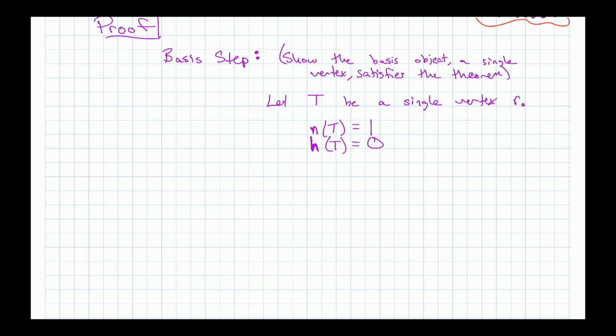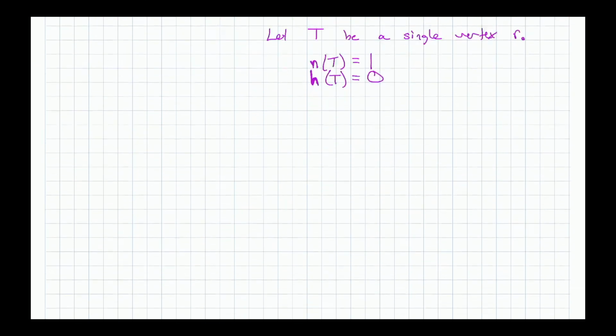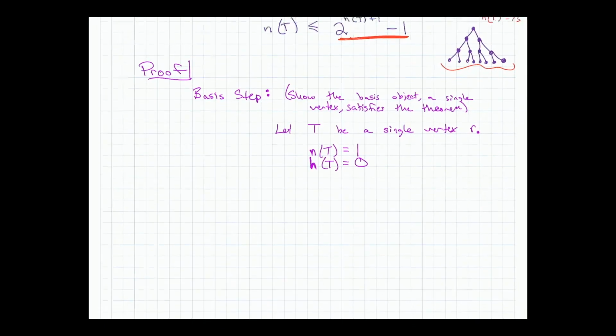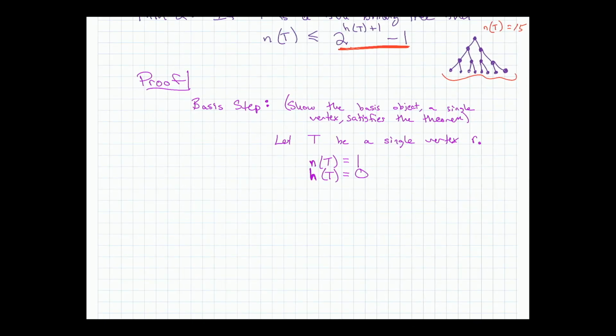So then what we want to do is, first of all, not be confused by our n's and h's looking the same, and just verify this formula here. So let's just check if this is true. So we have n of T less than or equal to, question mark, 2 to the h of T plus 1 minus 1. Well, let's just put in the numbers and see.